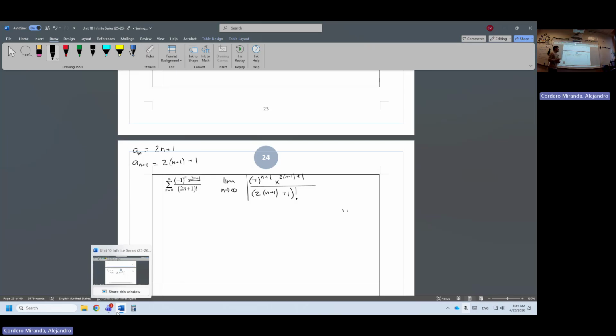Okay, there's the n plus first term, and then the nth term, remember, I'm just going to flip this and multiply it. Keep change flip, easy, so that would be (-1) to the n, x to the 2n plus 1, and then 2n plus 1 factorial up here.